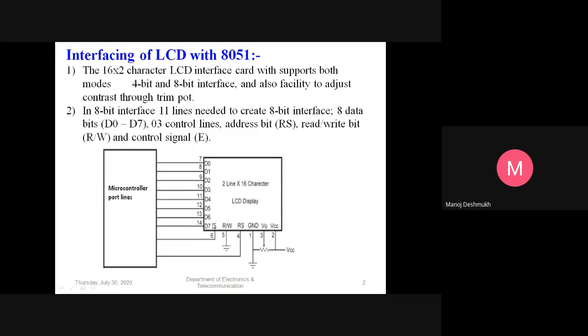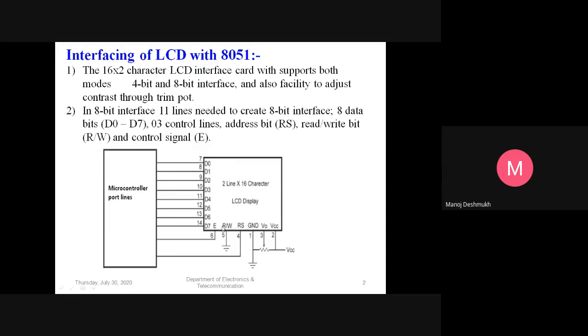The next pin is RW, which is nothing but read write operation. Whenever we are writing content from the controller to the LCD, we consider it a write operation, and when we are fetching content from the LCD to the controller, we consider it a read operation. R/W bar is the actual signal.